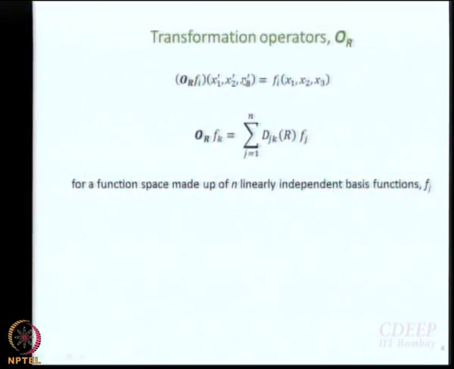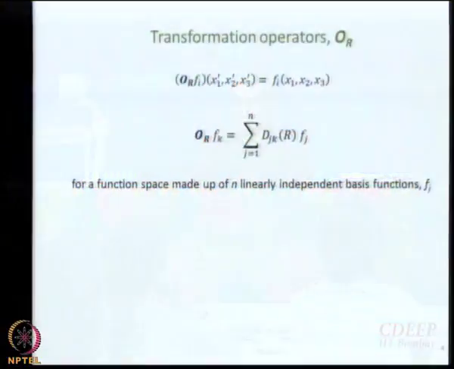Now, next, this is another thing that is very important to understand, the way we write it. OR Fk is equal to the sum over j equal to 1 to n of D_jk(R) Fj. How am I writing the functions? F1, F2, F3, F4, F5, dot dot dot, Fk, dot dot dot, the last is Fn. I write it as a column vector, right. And what is D_jk(R)?